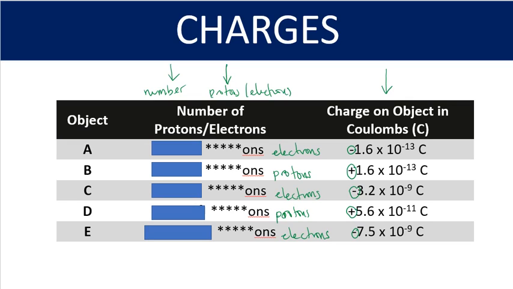All right. Now refer to the previous slide and refer to this slide. Let's begin to calculate then the number of protons or electrons in objects A, B, C, D, and E. Let's look at object A first. How many electrons are there in object A? How many protons are in object B?